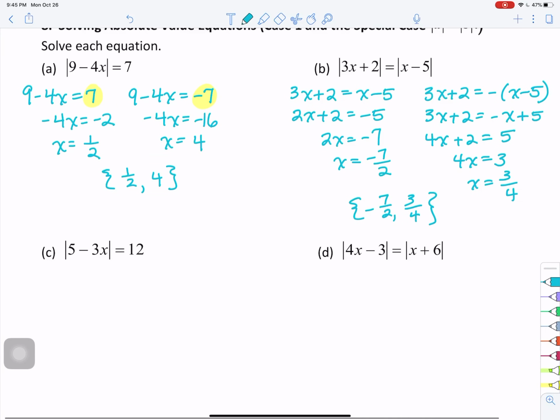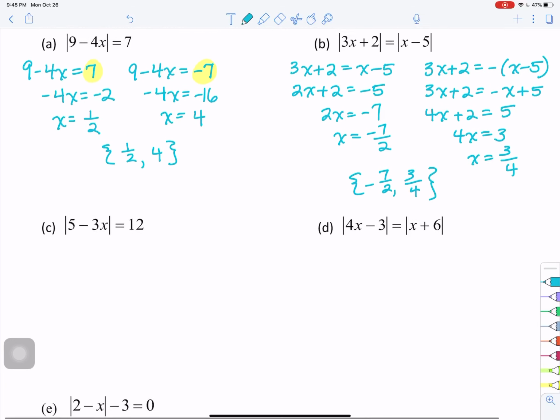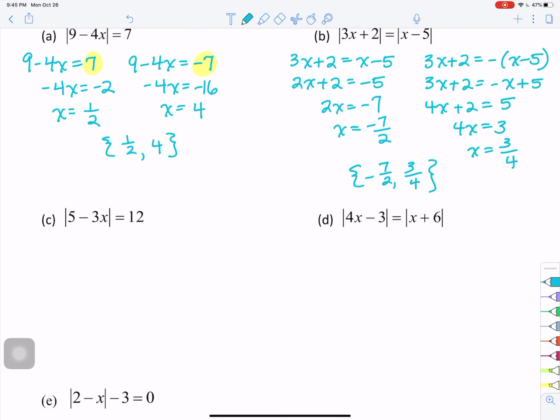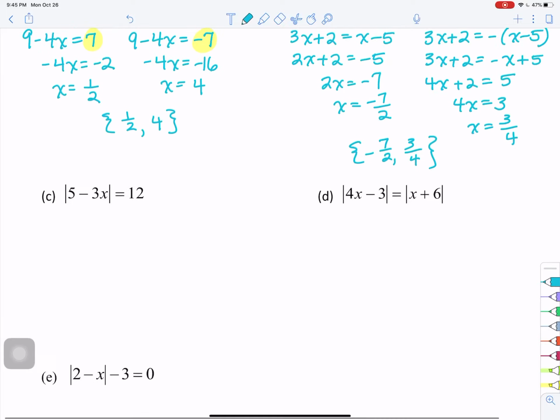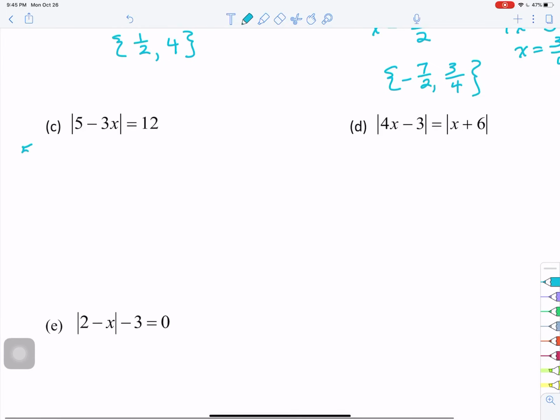Let's keep going. How about the absolute value of 5 minus 3x equal to 12? Let's take a look there. In order to drop those absolute values, we have 5 minus 3x is equal to 12, and 5 minus 3x is equal to negative 12.